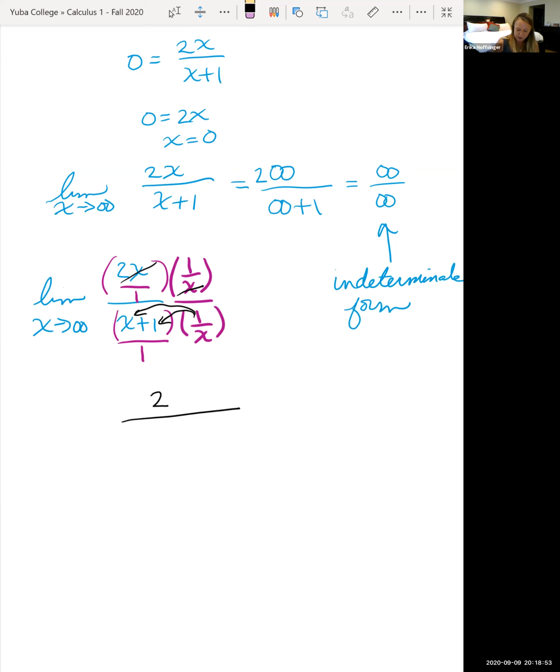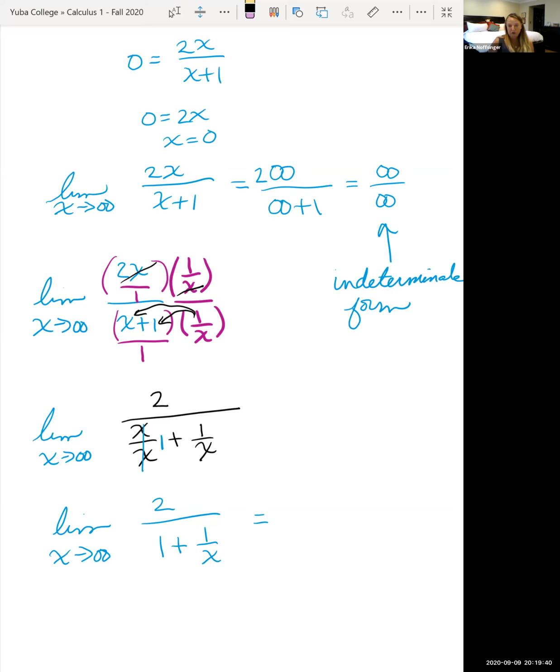That gives me x over x, which ends up being 1, plus, distributing it to this 1, I have 1 over x. Let me bring down my limit, because I haven't taken it yet, and simplify a little before I take it. This x over x is just 1. So right now we're looking at the limit as x is going to infinity of 2 all over 1 plus 1 over x.